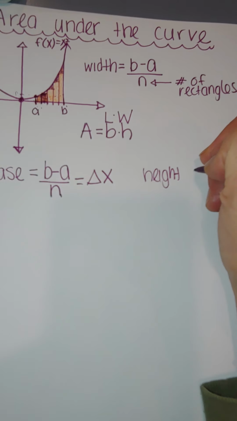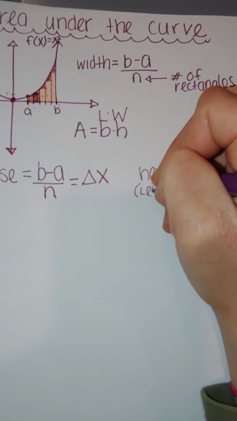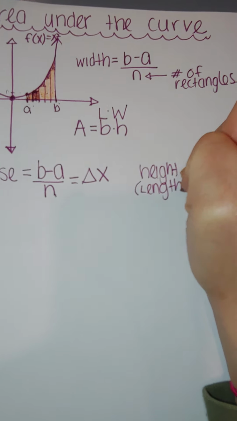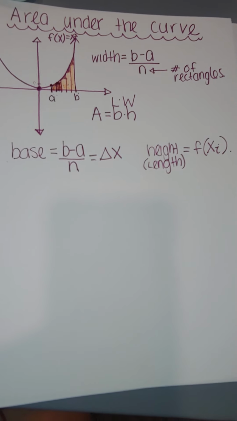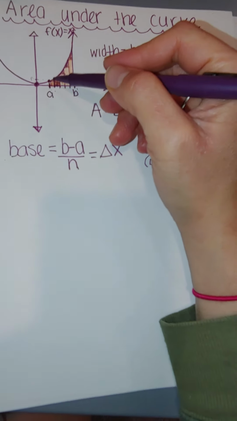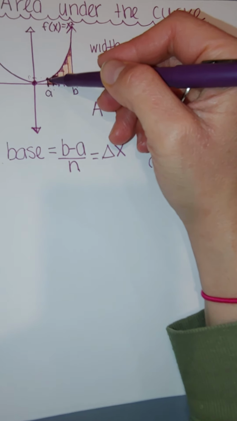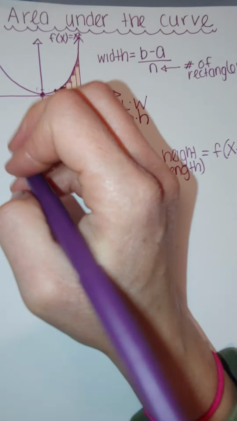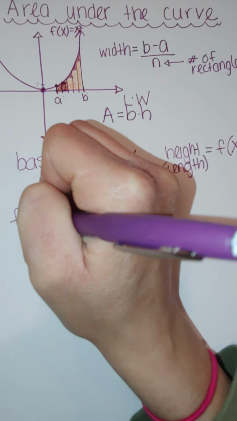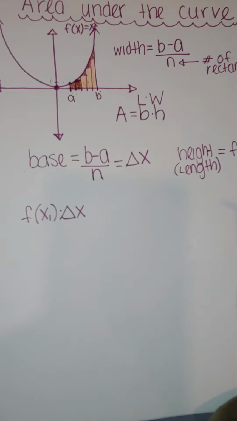So the height of the rectangle, or the length, I'm sorry, is equal to f of whatever x value you're evaluating. We're not sure what the x value is. It depends on where the rectangle starts. All right, so if I want to know the area of this first rectangle, I would do f of x1, whatever my first x value is that I'm plugging in, times the base, height times base.